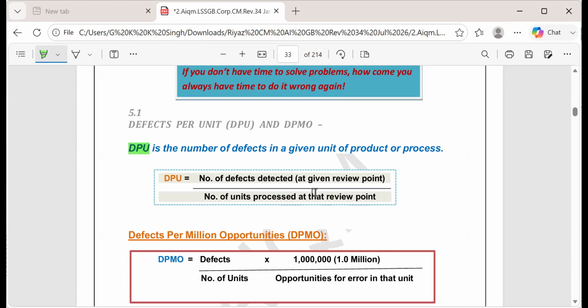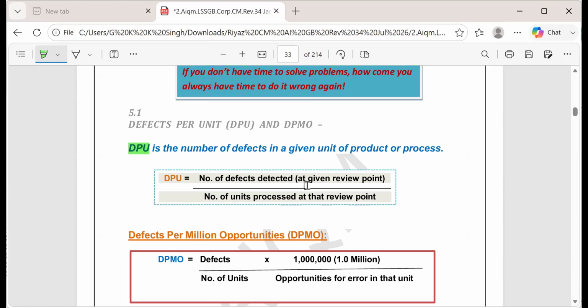Let us say, for example, in a month, the total work done. So let us say we are completing installation of telecom panels as an example.